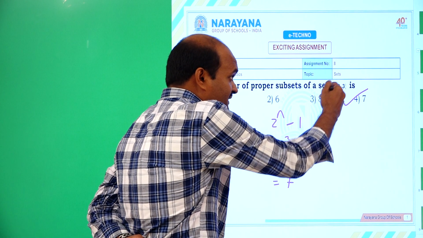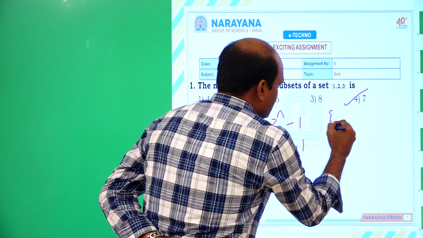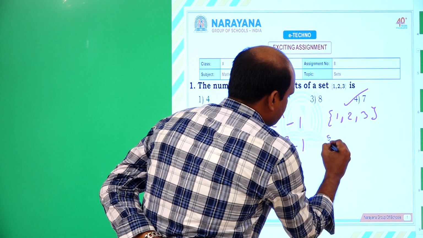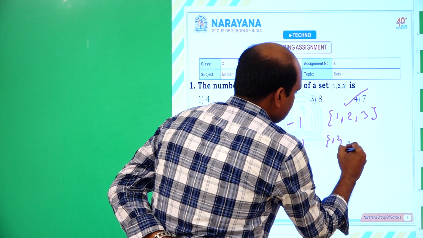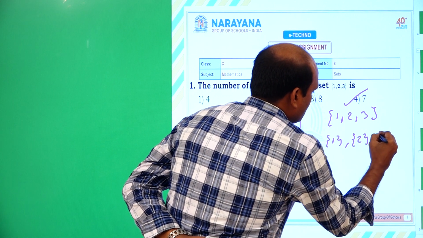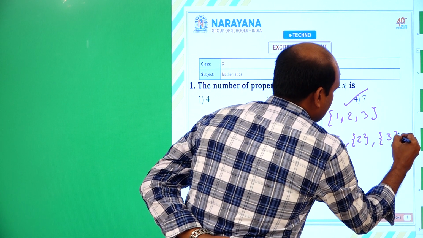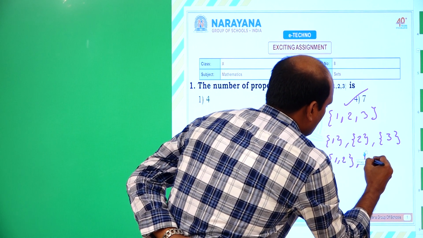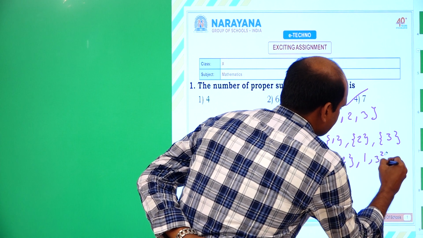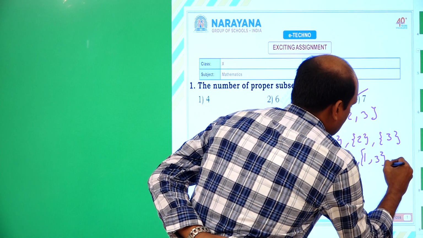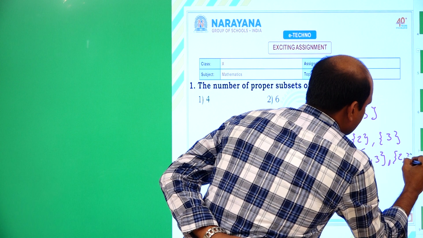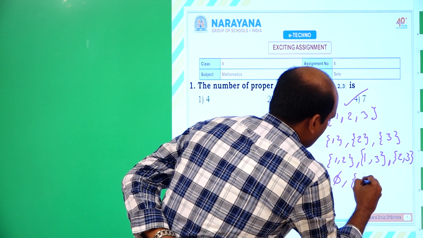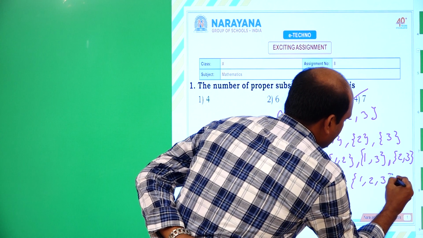What are the subsets of this set {1, 2, 3}? The subsets are {1}, {2}, {3}, {1, 2}, {1, 3}, {2, 3}, the empty set, and the set {1, 2, 3}.